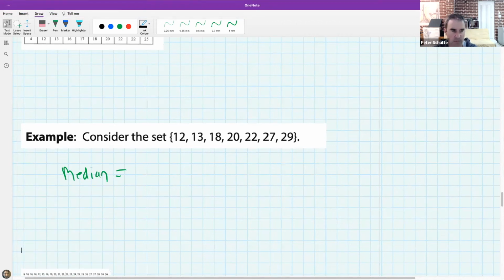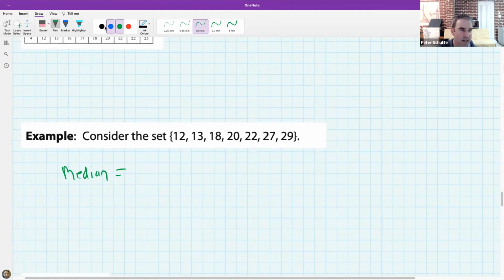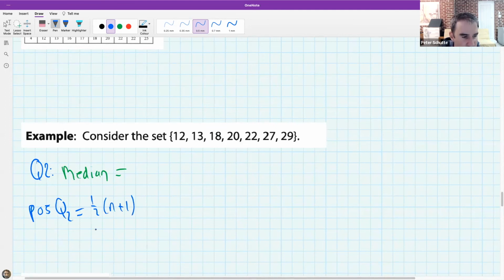Or let me put the official symbol of the median, Q2. So find me the median of this. Now, is it ordered from smallest to biggest? Oh, thank you, teacher, for being a good teacher. You put it in order smallest to biggest. Now I want to find the position of the median. I'm going to use this formula. And how many items are there?